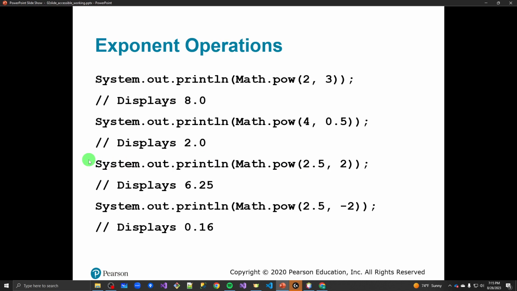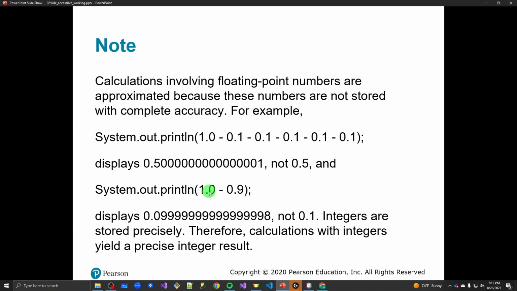And if we do System.out.println 1.0 minus 0.9, we get 0.0999998, not 0.1. Integers are always stored precisely. So calculations with integers give you a good result. So know that there can be rounding errors. And so sometimes we have to round to get rid of the rounding errors in programming.